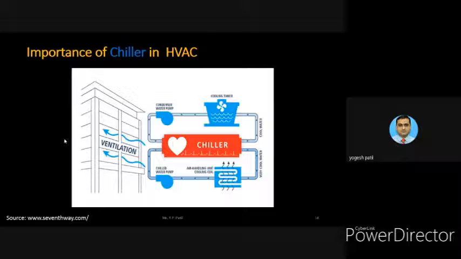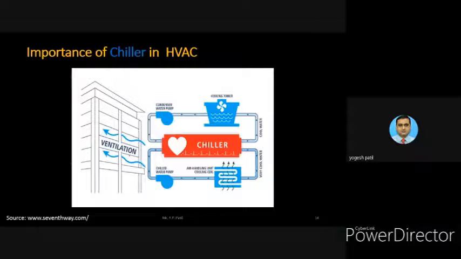So now, some introduction about the chiller. The chiller is indicated over here by the middle red color, and it is the symbol of the heart. So we can easily say that the chiller is the heart of the complete HVAC system. The chiller plays an important role in the HVAC system.